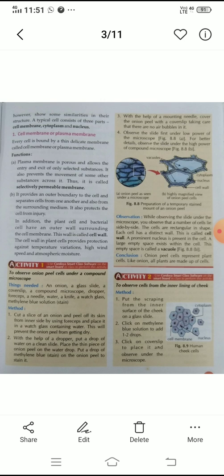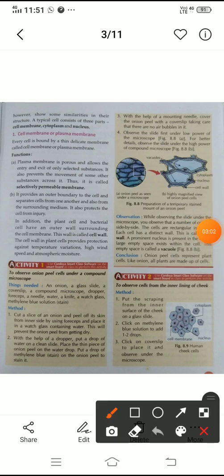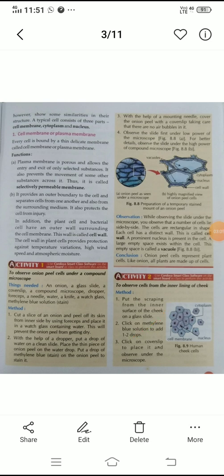To observe cells, there are two activities in the book on this page. The second is to observe cells from the inner lining of the cheek. What is the cheek? It is a body part of human beings and other beings also, but this cheek is related to our body.